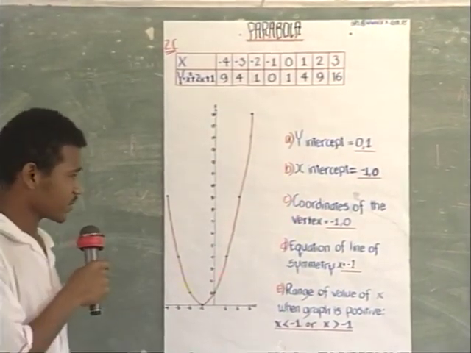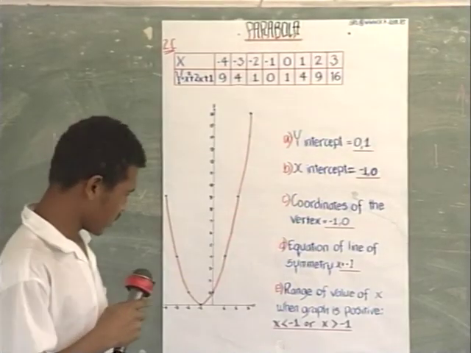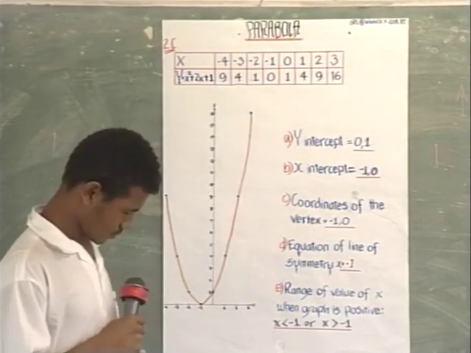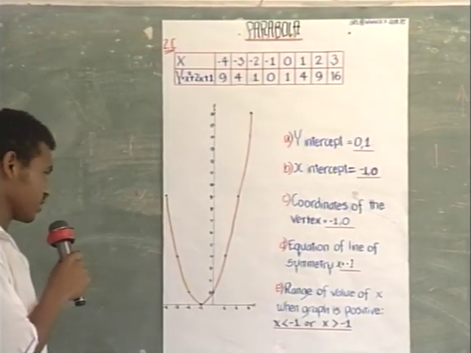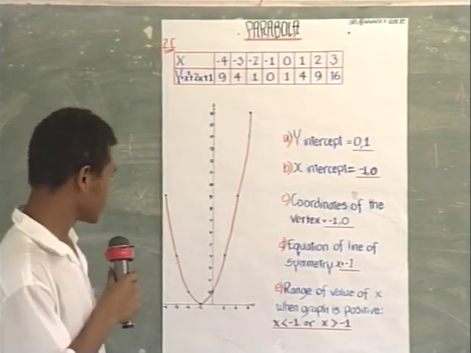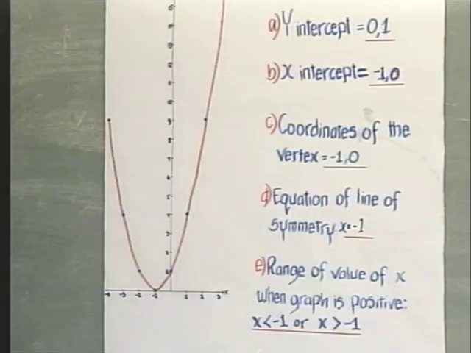Question F, they ask for the range of values of x when the graph is negative. There is no range of values of x when the graph is negative, because the vertex doesn't go into the negative zone of the y-axis.